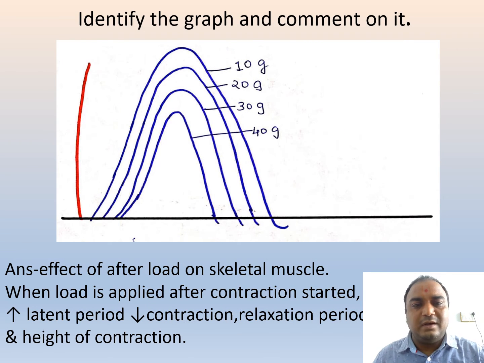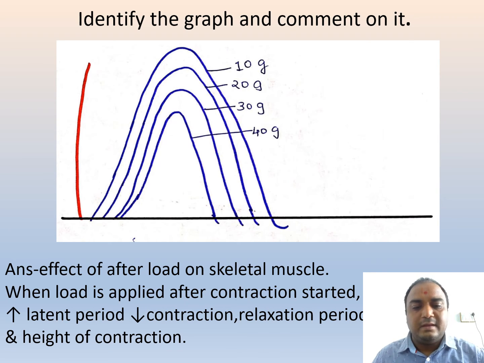The other graph is almost similar, but you can see when we increase the weight from 10, 20, 30, 40, there is a gradual decrease in the height. This is the effect of afterload on the skeletal muscle of frog. When we increase the load gradually, there is a decrease in the contraction period but an increase in the latent period.